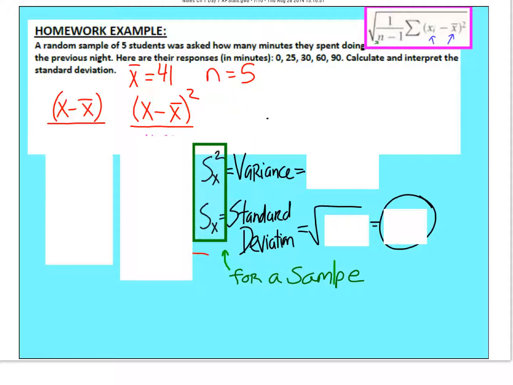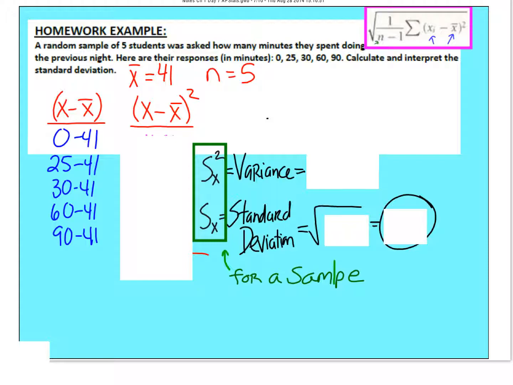Now, what we need to do is take each piece of data, all 5 of these, and first calculate the deviations. So they're going to look like this. The 0 minus the 41, the 25 minus the 41, and so forth. When you get a number for these calculations, we're then going to square it. Those will look like this.